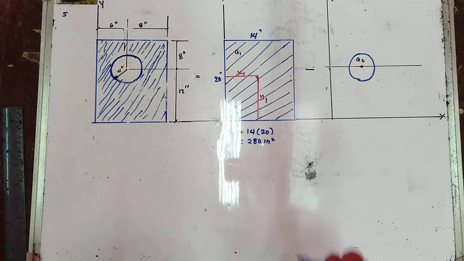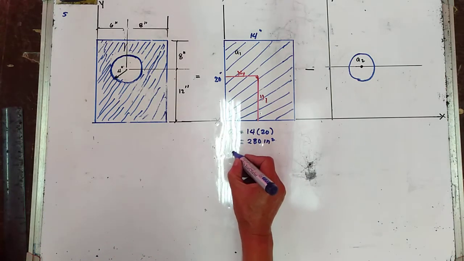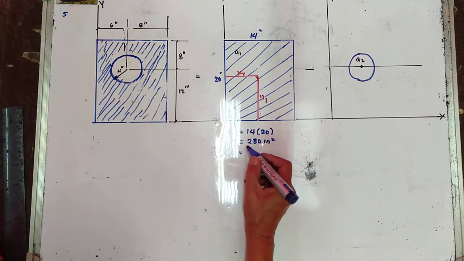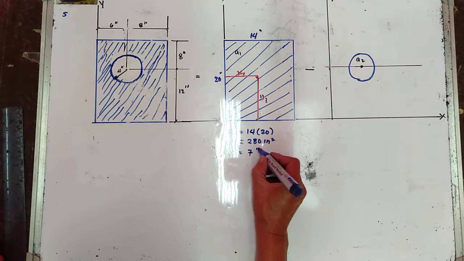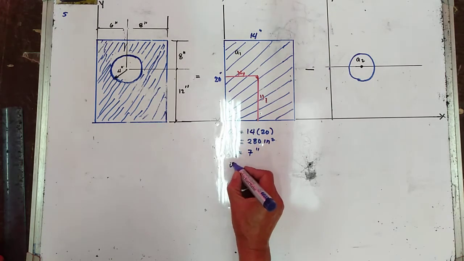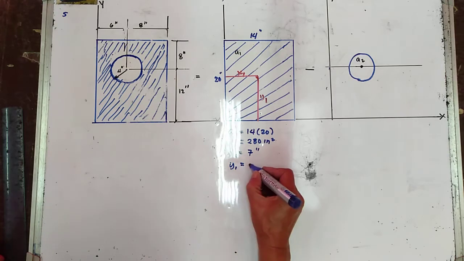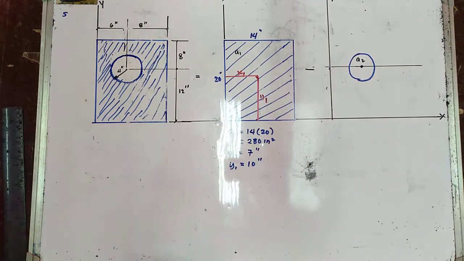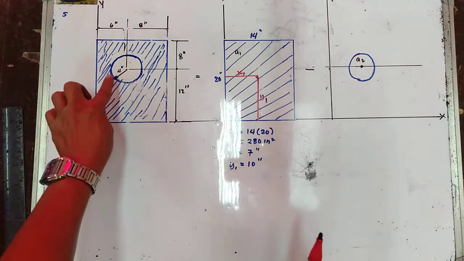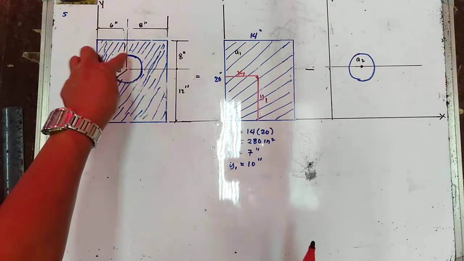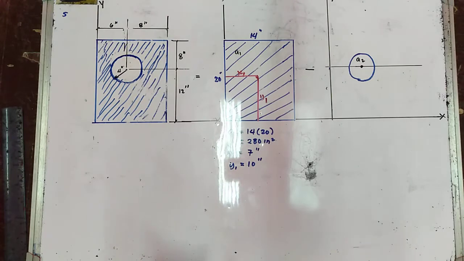So that your x1 is now equal to 7 inches, and your y sub 1 is equal to 10 inches.